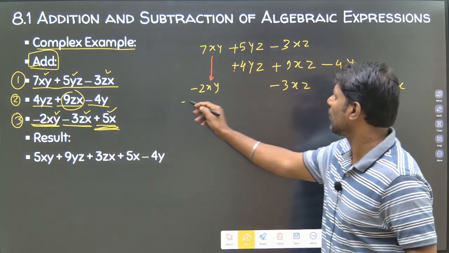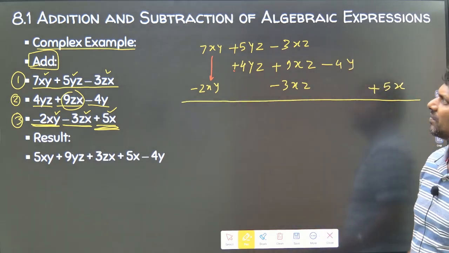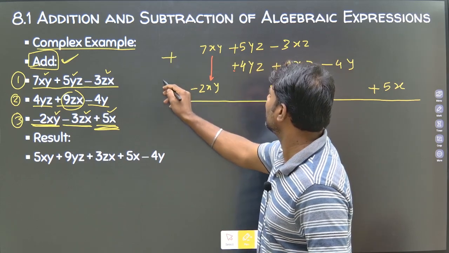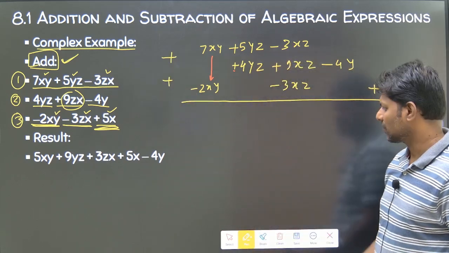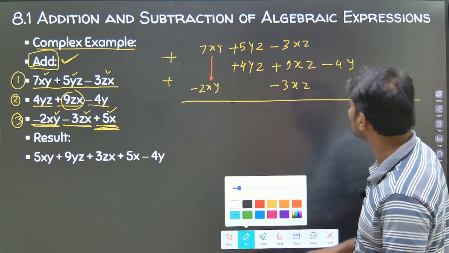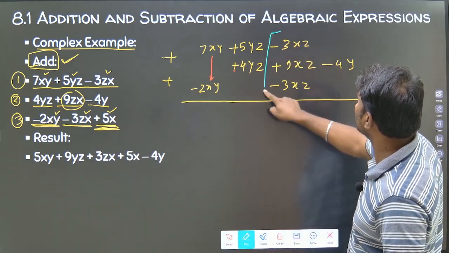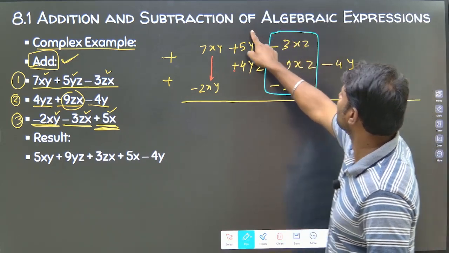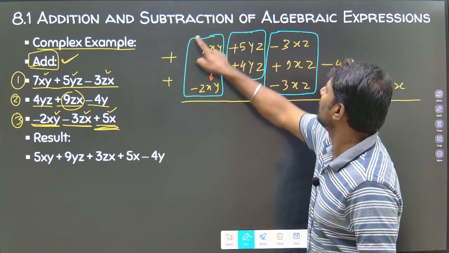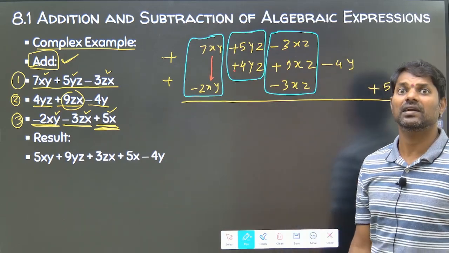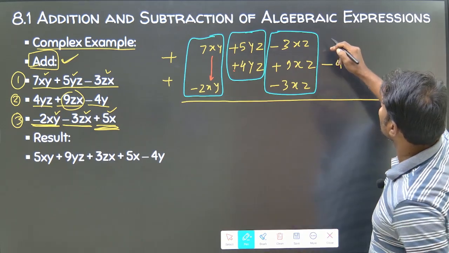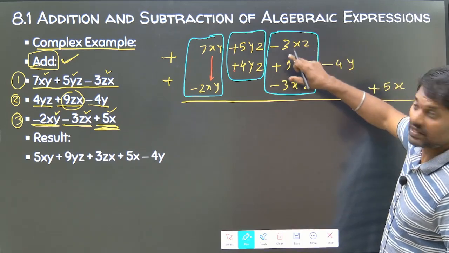Now, let us perform the given operation. What operation is given? Addition. So, I will write add. While performing the addition operation, we have to see the similar terms. Which are the similar terms? These are the similar terms. We have to perform operations on similar terms first. How to perform addition and subtraction here?